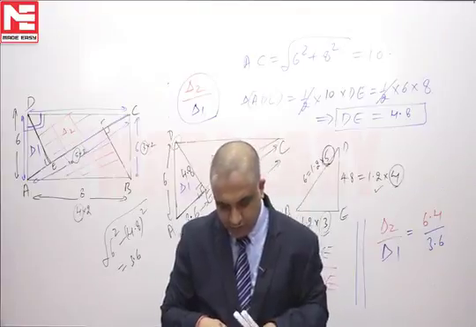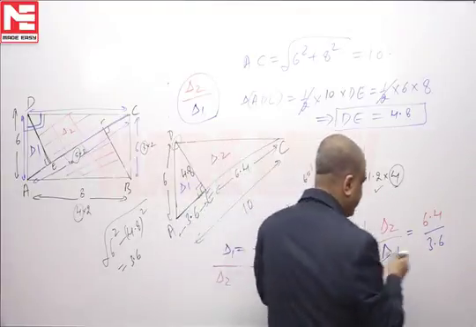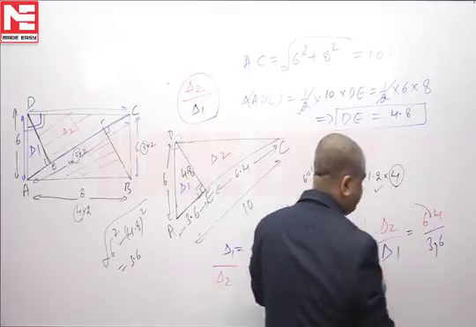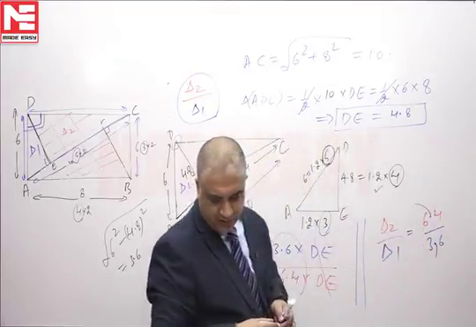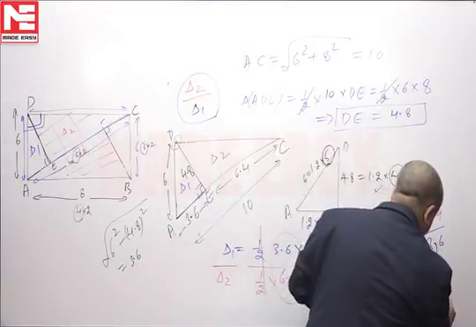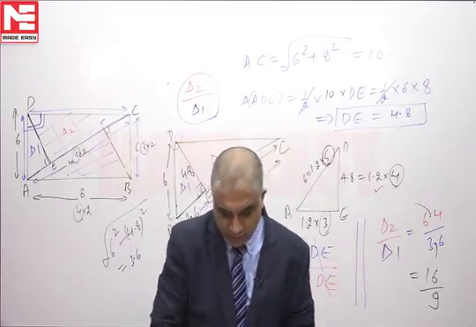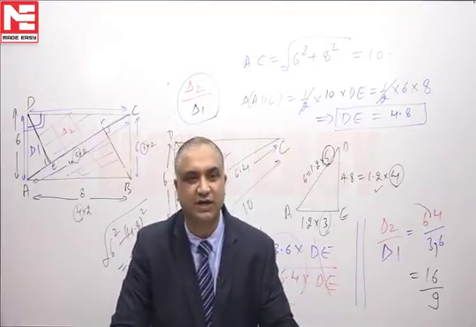Now we have to look among the options. 6.4 upon 3.6 is 64 upon 36, which is eventually equal to 16 upon 9. We can cancel by 4. I was looking among the options for which value satisfies it.